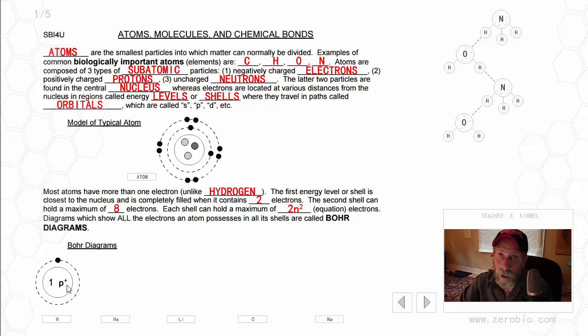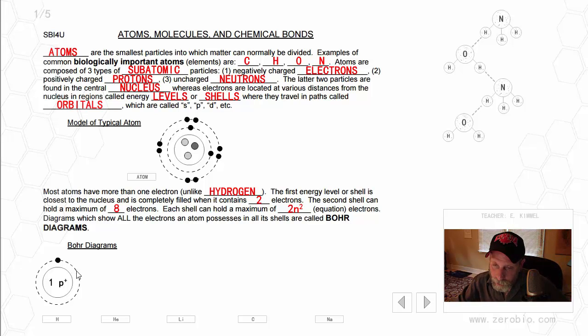That's all there is in the nucleus, no neutrons. Hydrogen also has just one electron. Now, we're going to talk in just a second about atomic number and how you can figure out the number of protons and neutrons and electrons, etc. But for the time being, just take my word for it, hydrogen has one electron. It is atomic number 1, right up at the top there of the periodic table.